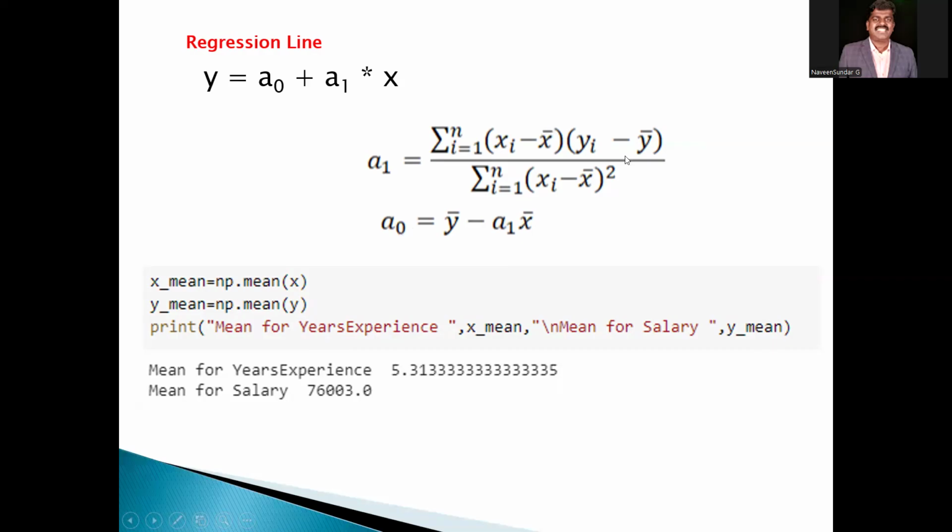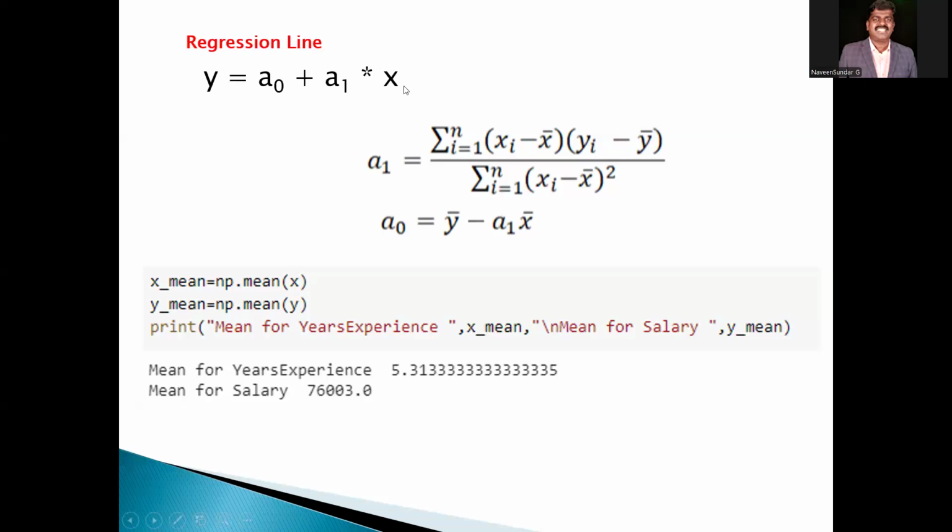We have two columns, one is x, another one is y. We find the mean for the x values and the mean for the y, and we get y bar. Then divided by x minus x bar the whole square. Substituting these values, I will get the answer for a1.